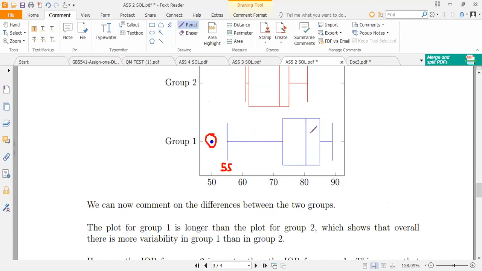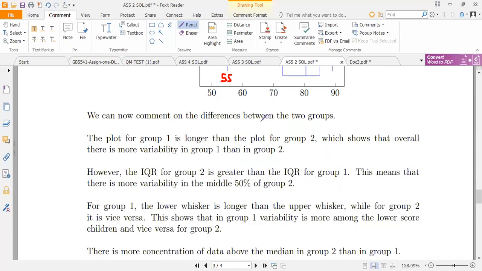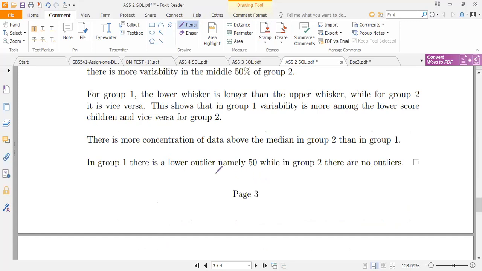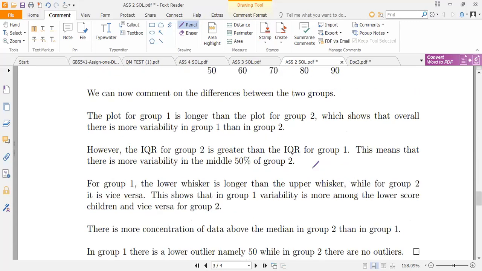Variability is the tendency to deviate from the mean. Group 2, these whiskers here are close to the box. You can also comment in terms of the interquartile range, and other things besides that.